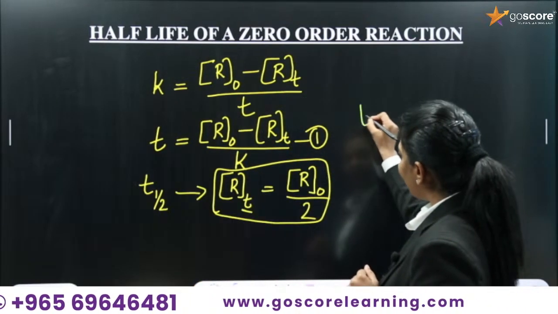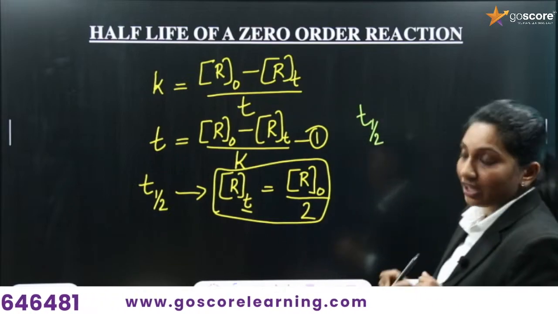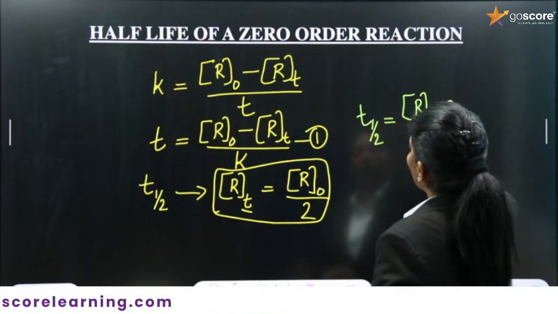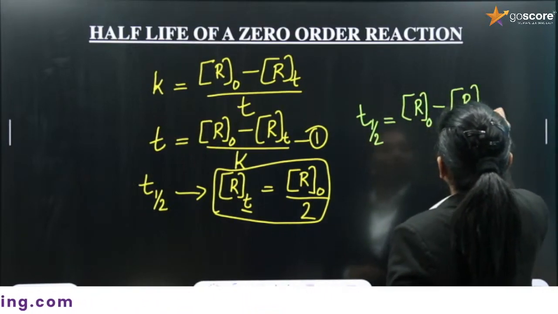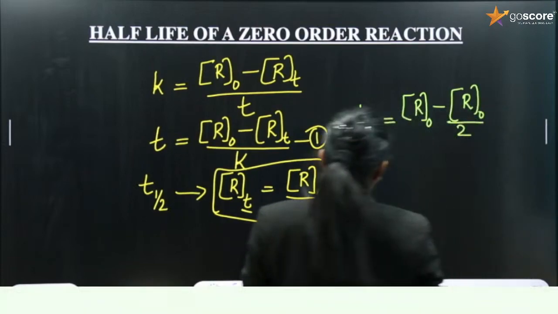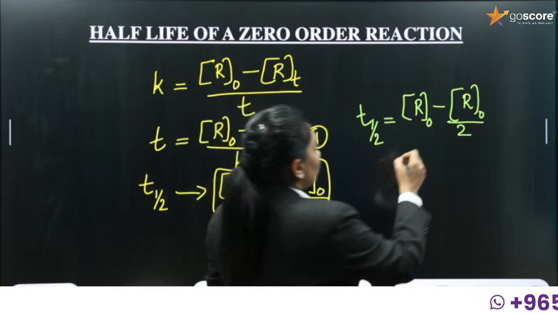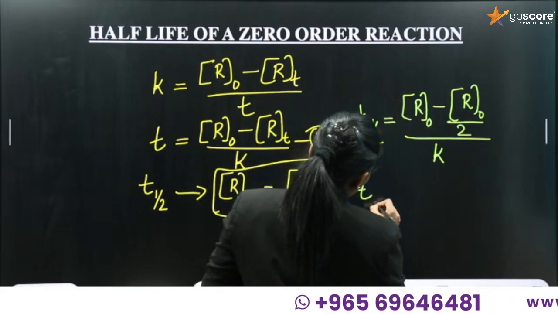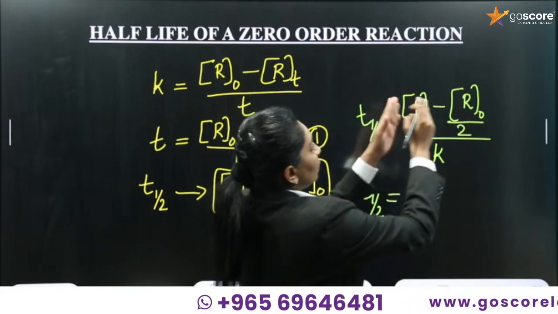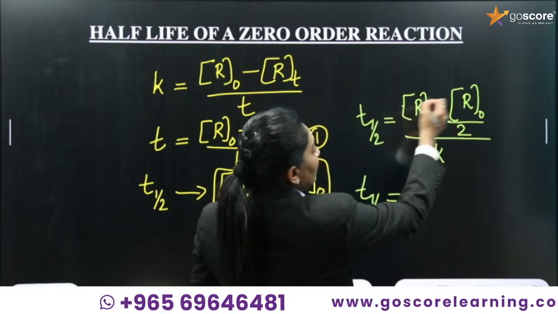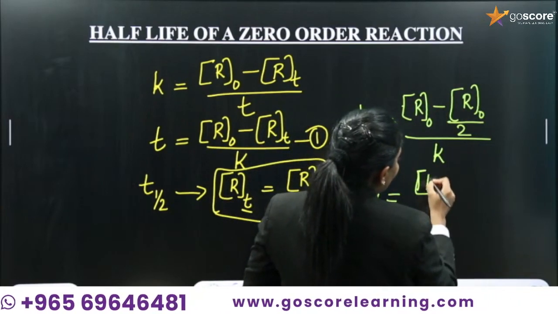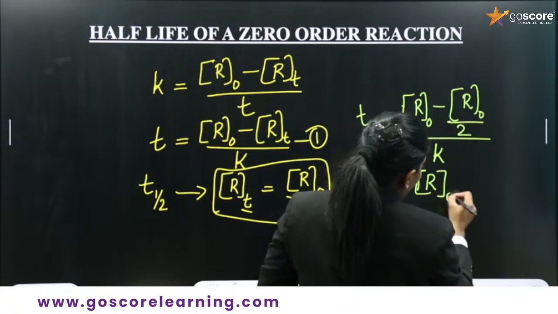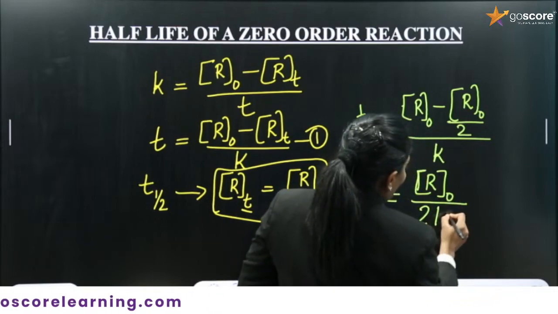It will be time is now half time, T half. T half is equal to R0 minus, what is RT now? R0 by 2, isn't it? At half time, RT will be R0 by 2, whole divided by K. Then T half is equal to R0 minus R0 by 2, is 2R0 minus R0 by 2, that is R0 by 2K.